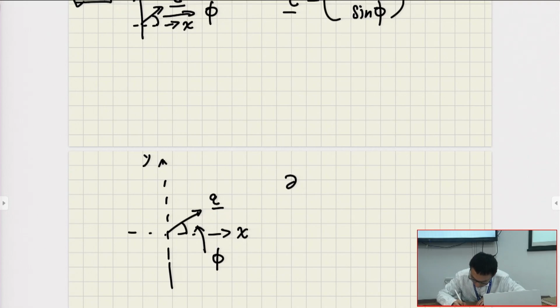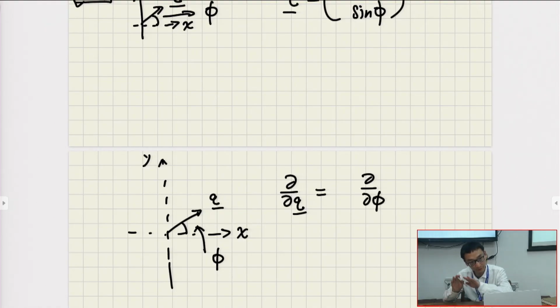So what is the derivative with respect to q? How can we change q? We can only change q by changing phi, so the derivative is with respect to phi. However, this is a vector gradient, so what is the direction of this change? What is the direction of q as it changes? It's normal to q, so it would be in this direction.